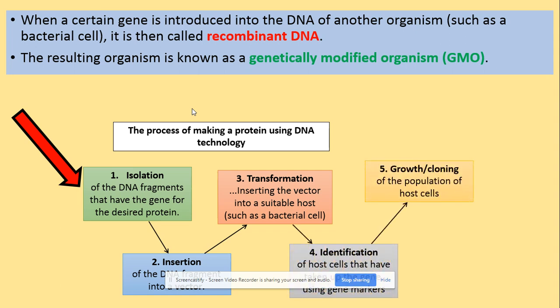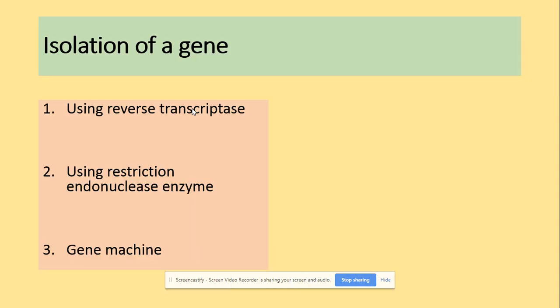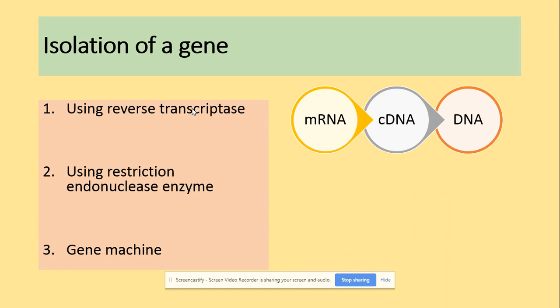So for today, it's isolation. So how we can isolate the DNA fragments that have the gene of the protein that we are interested in. So to isolate the gene, we can use 3 methods. We can use reverse transcriptase. So it's an enzyme that's going to let us produce DNA from mRNA. So mRNA will act as a template.